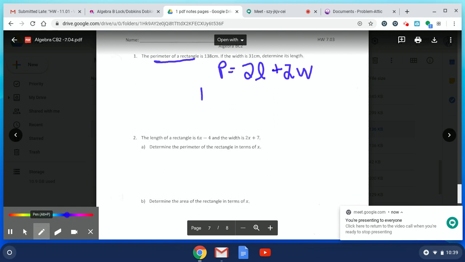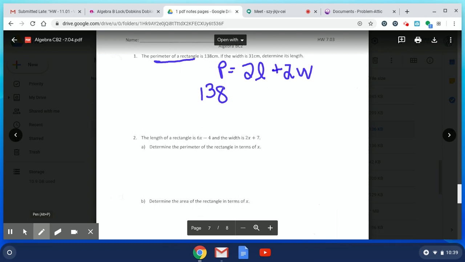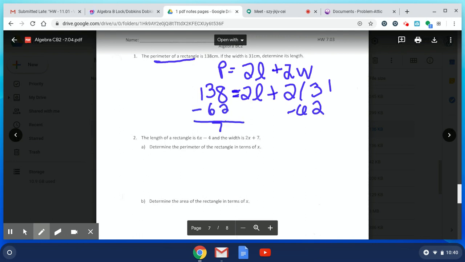So putting in 138 for the perimeter, and we know the width is 31. So 138 equals 2L plus 2 times 31. So subtracting that 62, which is twice 31 over, we do get 76 equals twice the length.